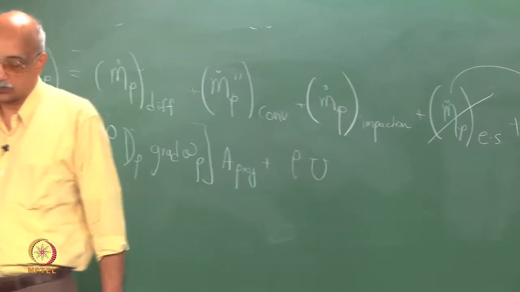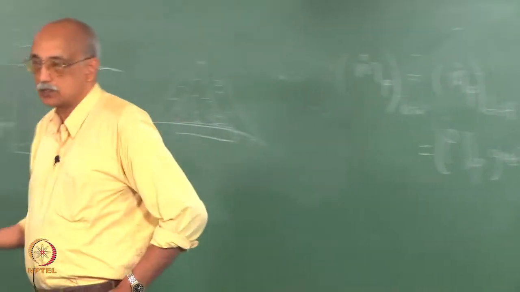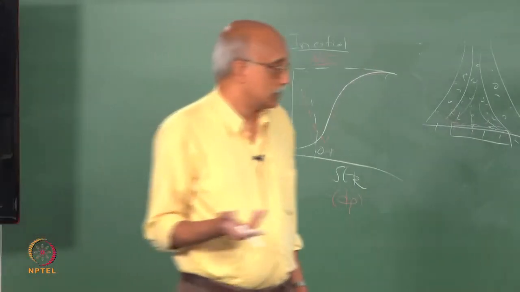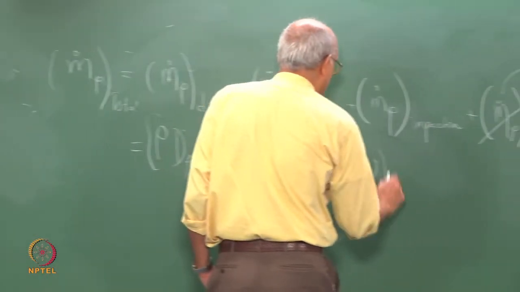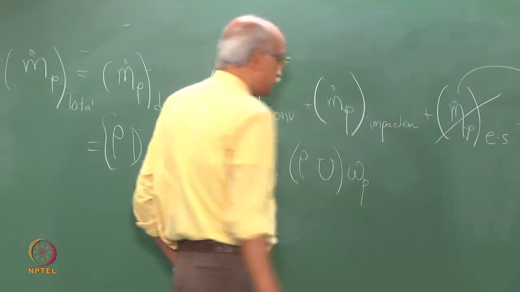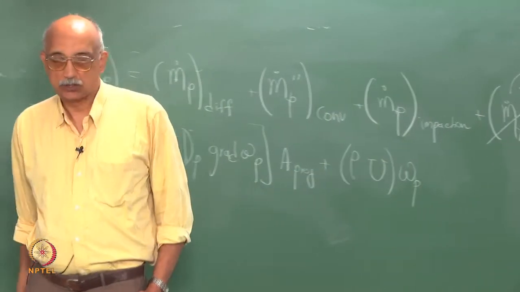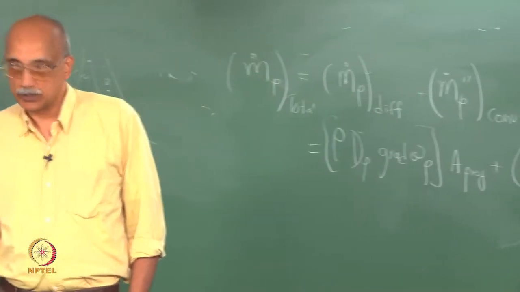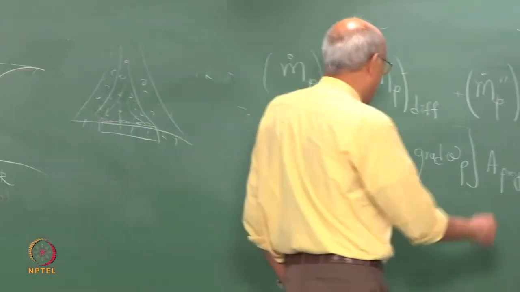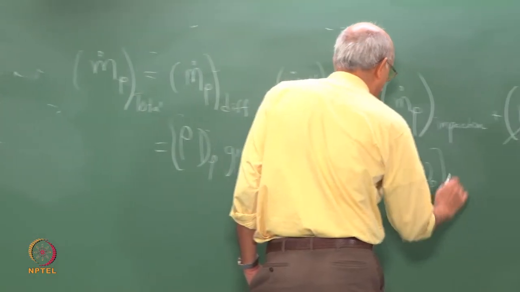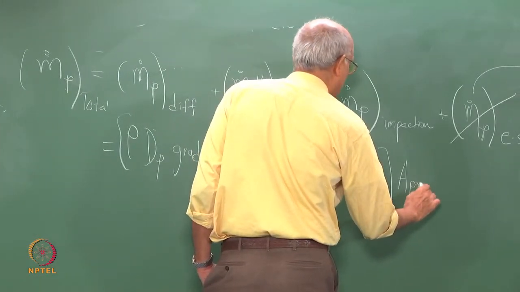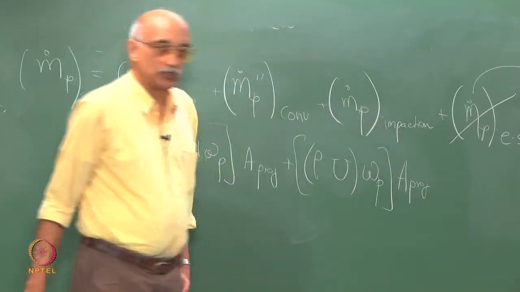So, it has units of kilograms per meter squared second, which is a flux term, and you can multiply this by omega p, which is the mass fraction of particles in the fluid, and again to get a rate you multiply this by the projected area.